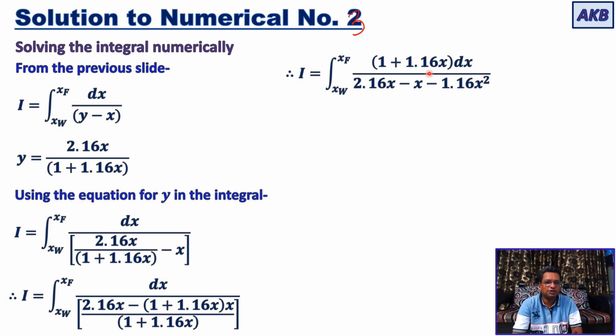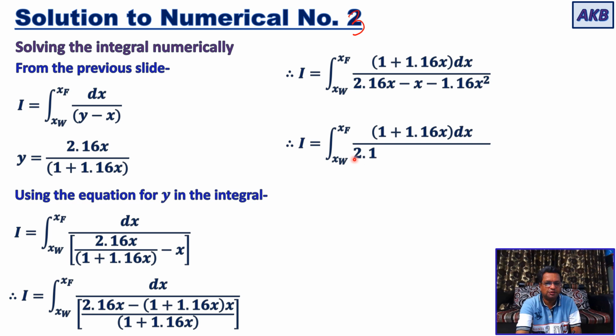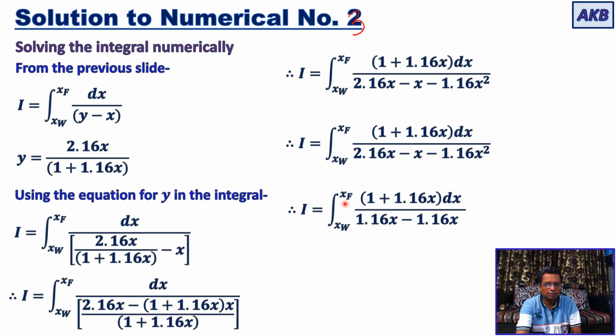So this is 1 plus 1.16x dx divided by 2.16x minus x minus 1.16x square, which gives us another form: integration from xw to xf of 1 plus 1.16x dx divided by 1.16x minus 1.16x square.